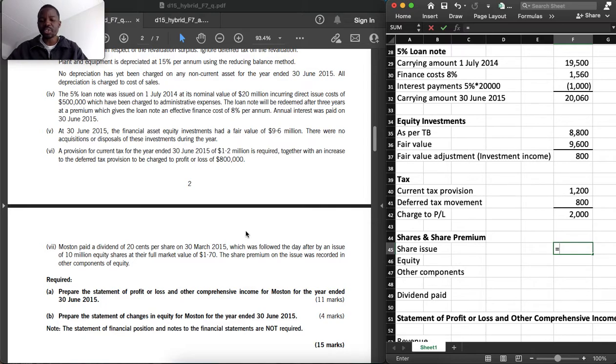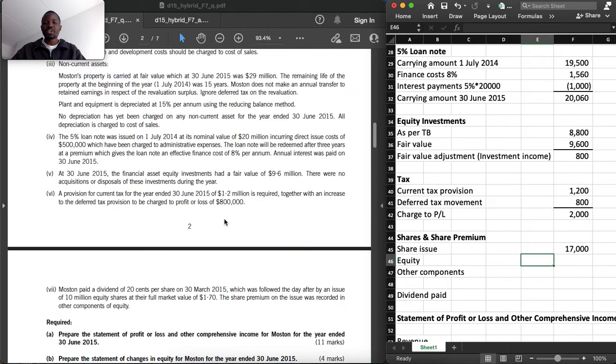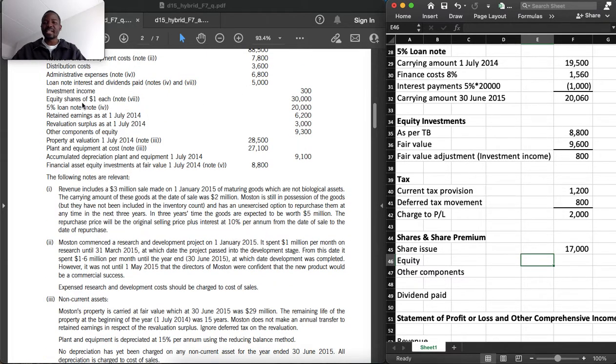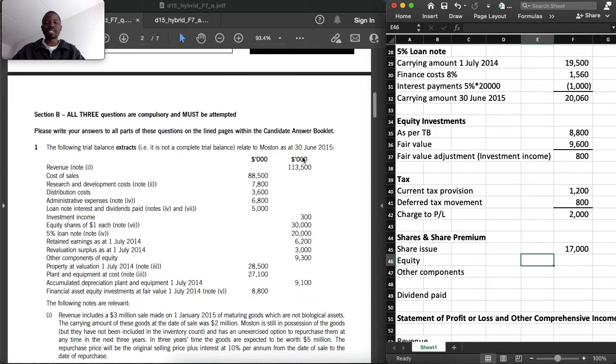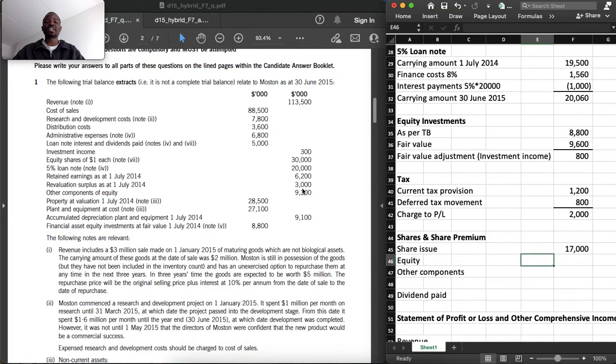How much was issued? 10 million. So we'll say 10 in thousands, 10,000 multiplied by $1.70. We get 17,000. So what it means is these equity shares of 30 and also the other components of 9,300 already include the share issue during the year, because these are the values at 30 June 2015.